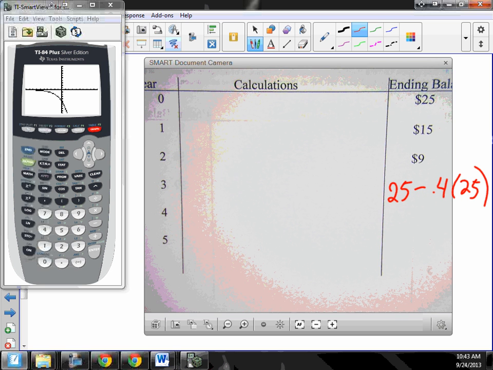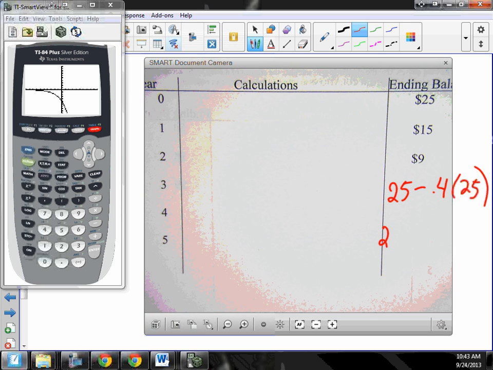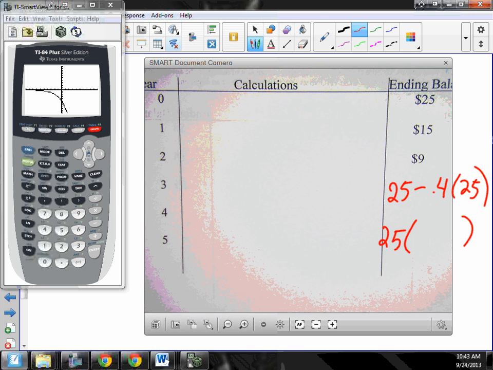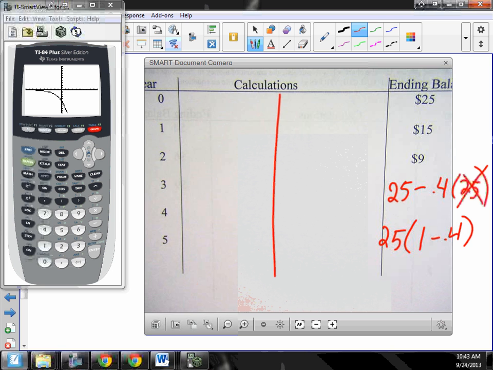Well, I have two 25s in this case. So if I pull out a 25, what's left in the parentheses? If I divide 25 by 25, I get 1 minus 0.4, and that gives me a calculation of 25 times 0.6.